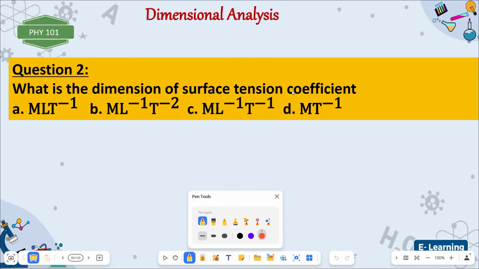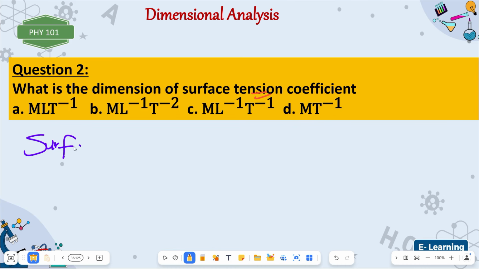All right? The next one. What is the dimension of surface tension coefficient? Now, my dear students, I think the correct answer is not here, but let's try. We didn't do surface tension, but let's do it now. There are some of the physical quantities we cannot exhaust all. Surface tension is force acting on a unit length that makes something like a stretched elastic skin. So surface tension is force over length.